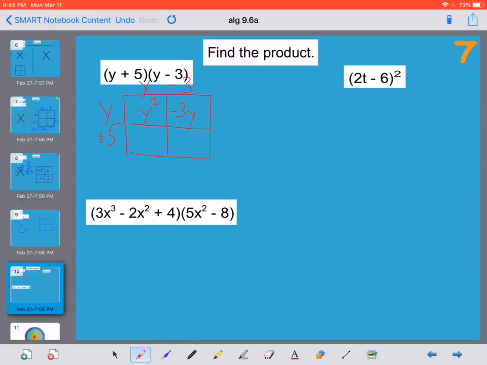Y times 5 is 5y. And 5 times negative 3 is negative 15. Now I see two that have the same ending that I can combine to get y squared plus 2y minus 15.